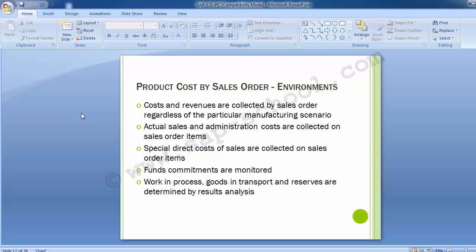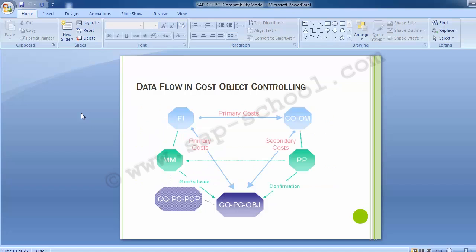And the third case is when you perform services on the basis of sales order. So these are some of the scenarios where product cost by sales order is used. These were the three different types of cost object controlling that we discussed: product cost by period, product cost by order, and product cost by sales order.